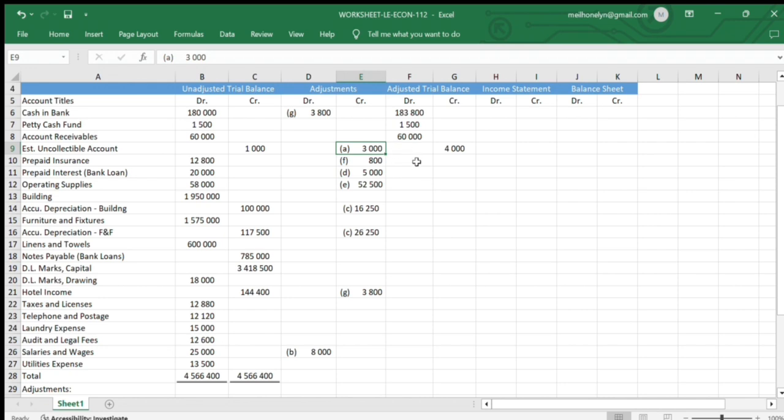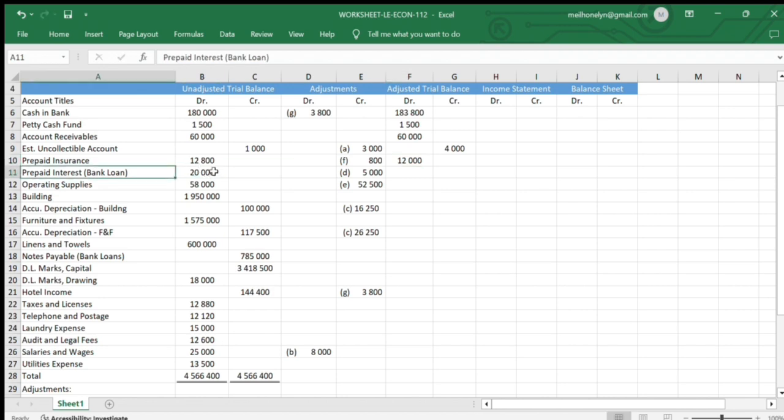So on the debit side, we will have to subtract this too. So 12,800 minus 800 is 12,000.